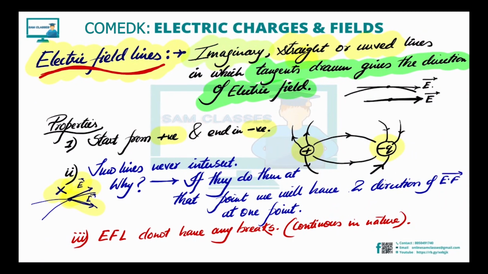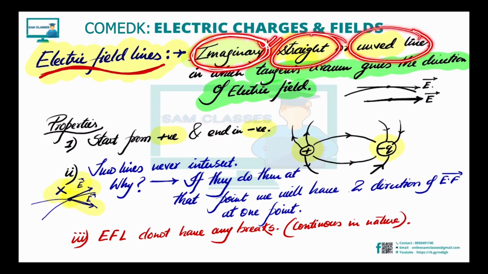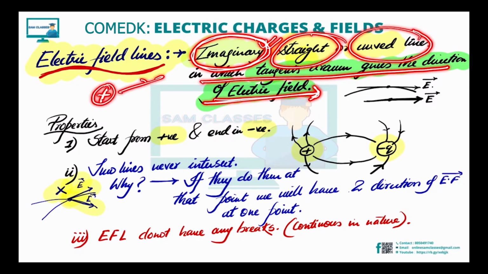Next is electric field lines. What do you mean by electric field lines? What we read is that they are imaginary, either straight or curved lines in which the tangent gives the direction of the electric field. I say imaginary because when we have a charge, we don't see lines in reality coming out of it, correct? That is a concept we have made to understand, so these lines don't exist in reality.